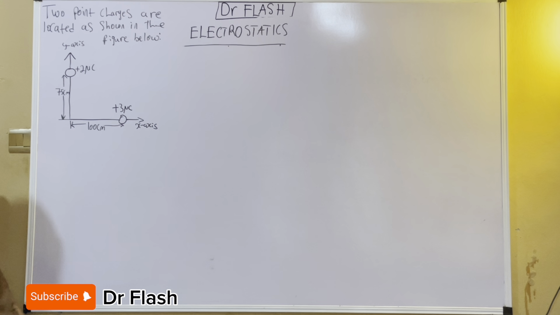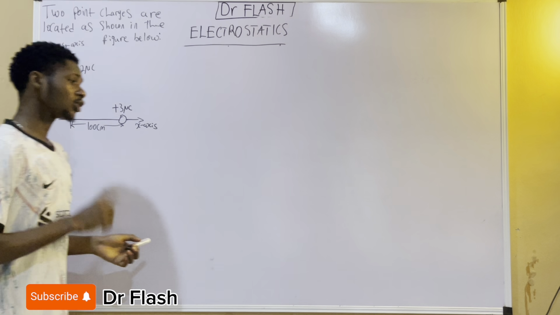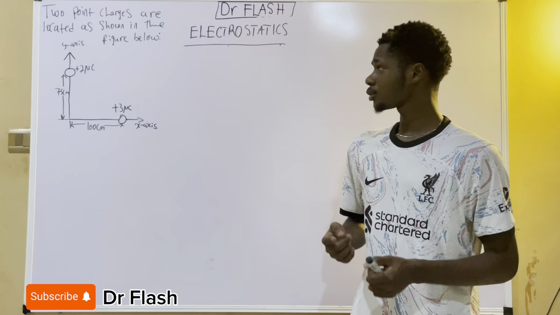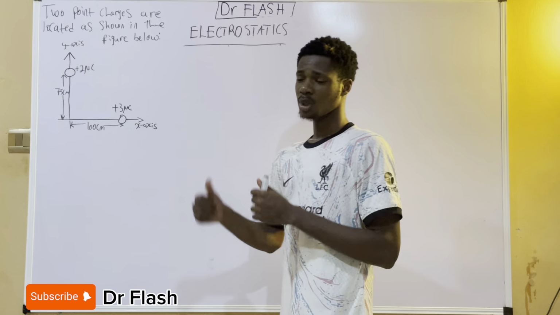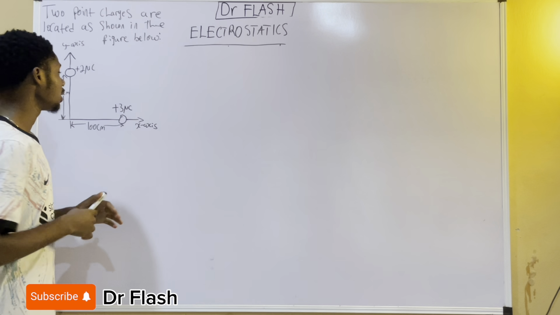The first thing I'm going to do, remember the formula for calculating the force remains the same. If you don't know how to solve questions using Coulomb's law, you might want to watch our previous video on the explanations and a very easy problem we attempted, and then you can come back.